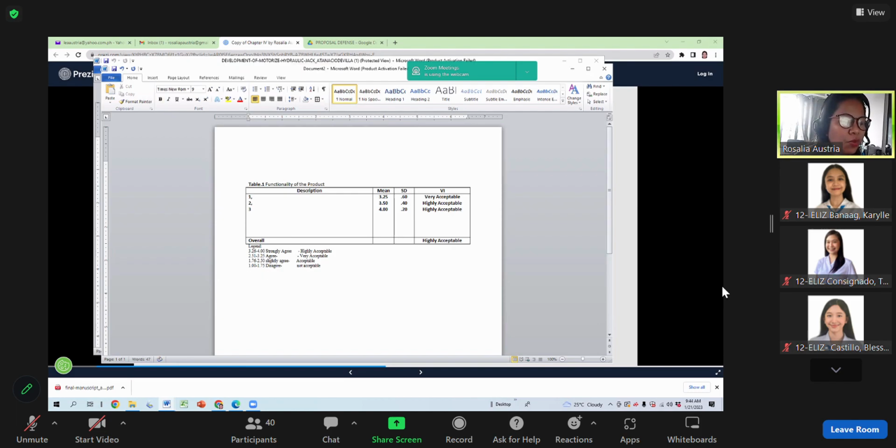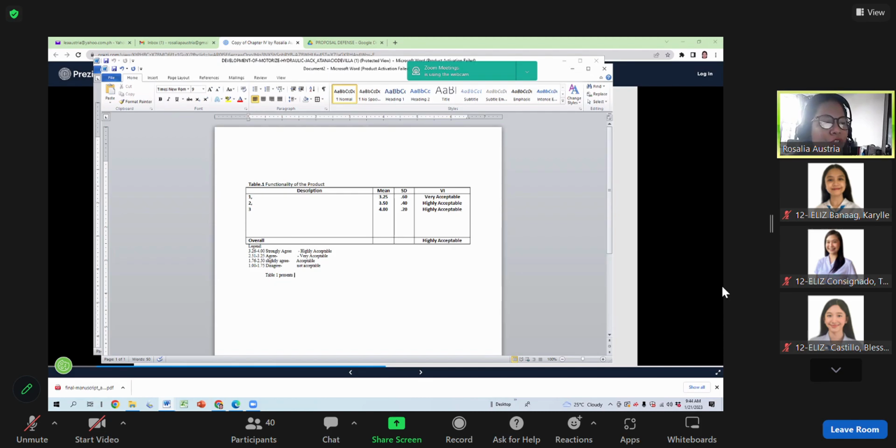Now, in your interpretation, how are you going to explain that? So, probably you will just say, Table 1 presents. Okay. Magtataka kayo, Miss, bakit po siya present tense? Ang interpretation po is always in the present tense. Hindi po tayo maglalagay ng table 1 presented that. The data is always new, is always fresh.